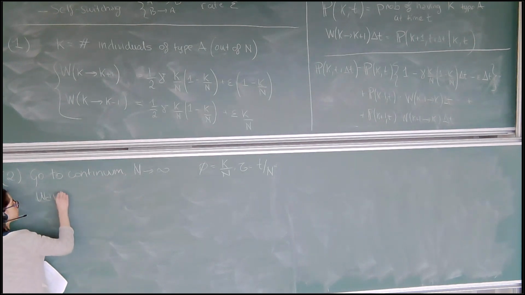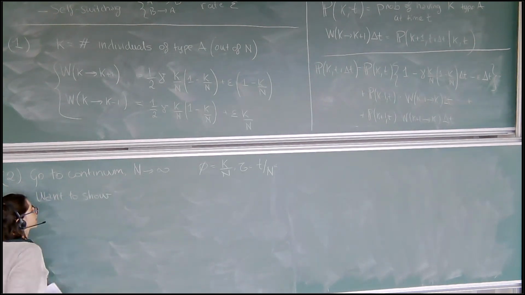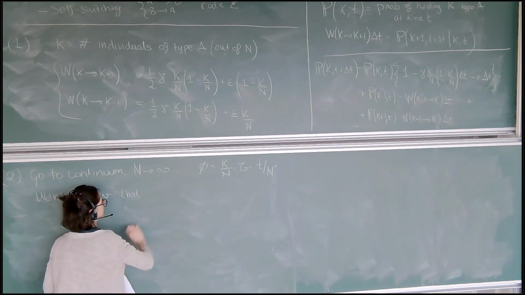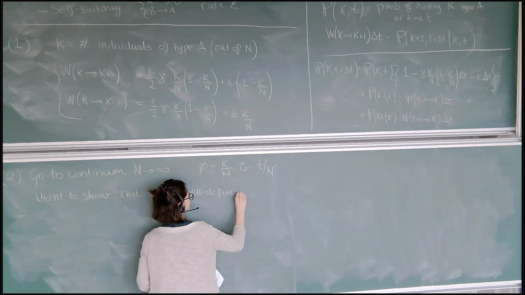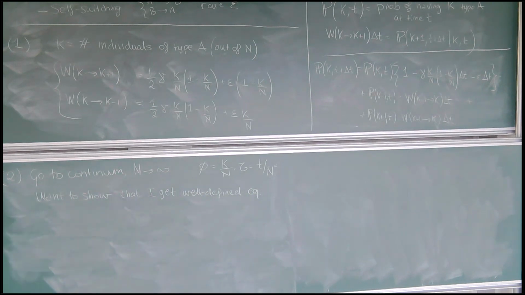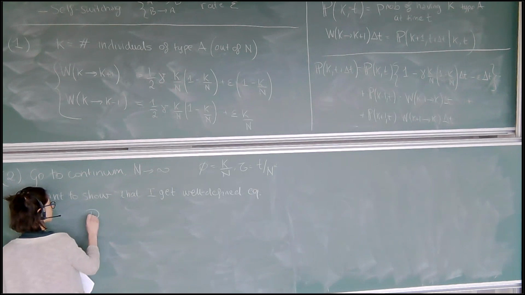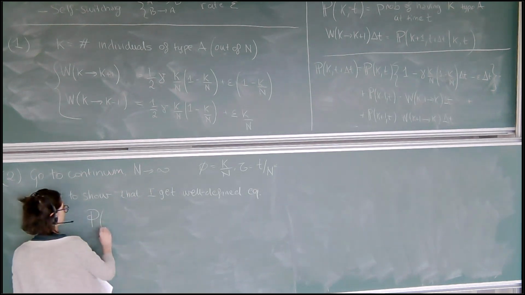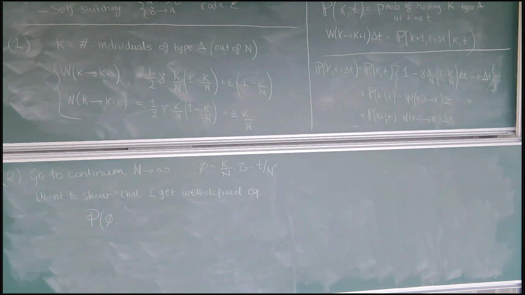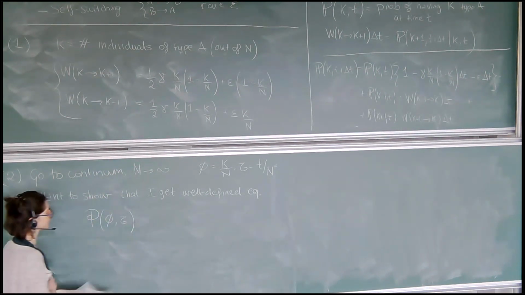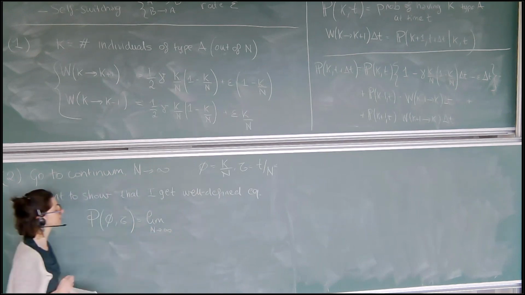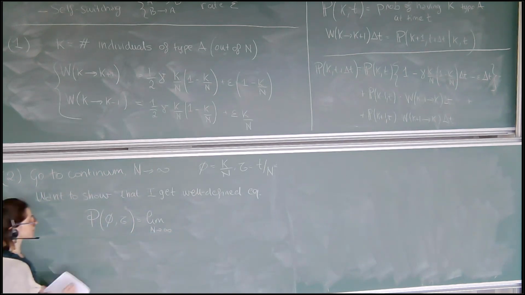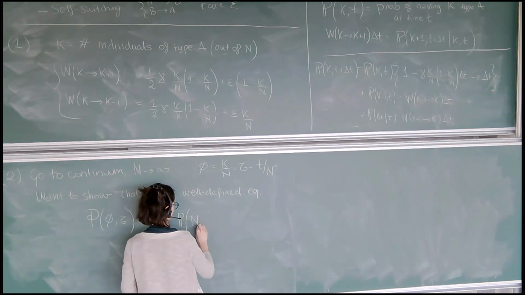And then what I want to do is show that I get a well-defined equation, which will be of the Fokker-Planck type, for a new probability, which is now a function of this continuous variable phi and of my rescaled time, and which I can think of as the limit when n goes to infinity of the probability of my discrete process evaluated at k, which is nothing but n times phi.